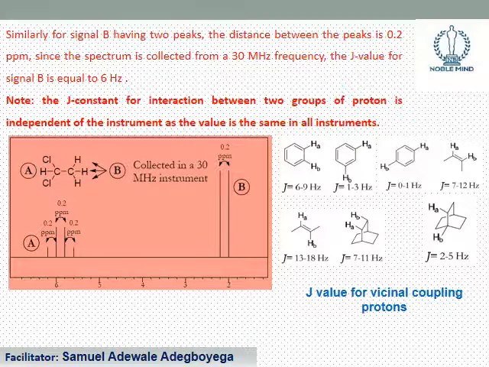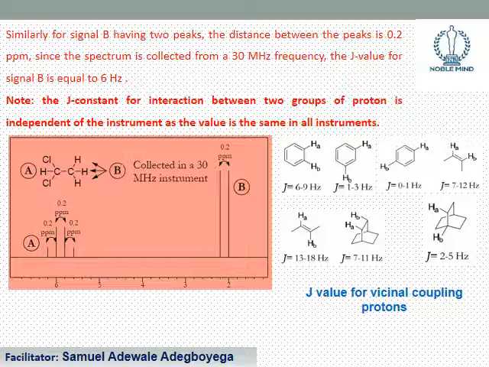If we are considering HB, HA is also on ortho position. So the coupling constant value is found between 6 to 9 hertz. For protons in meta position, you have a J constant of between 1 to 3 hertz. If you have them in para position, you have 0 to 1.